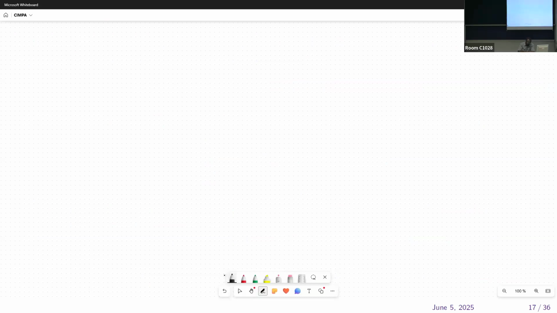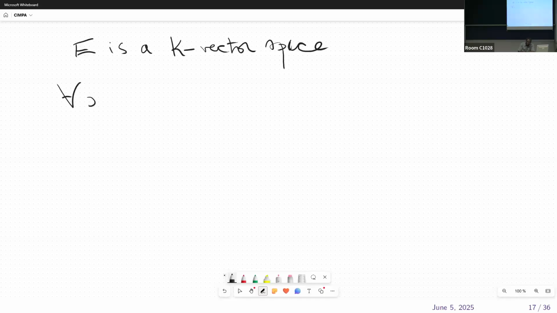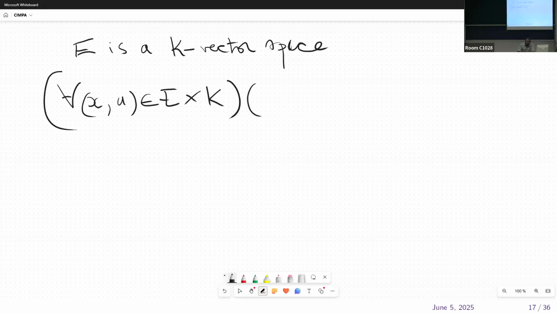In a K-vector space E, for any x in E and a in K, a x equals 0 if and only if a equals 0 of K or x equals 0 of E.